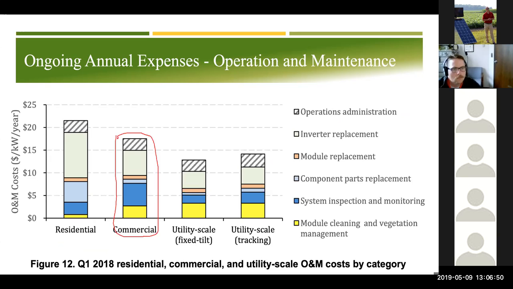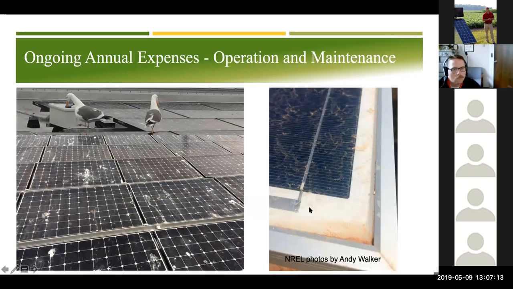You can see the color coding there. The yellow covers cleaning and vegetation management, system inspection and monitoring, component replacement, and module replacement. You might ask yourself, why do we need to clean these systems, or do we need to clean them? What type of inspection or component replacement might we see?